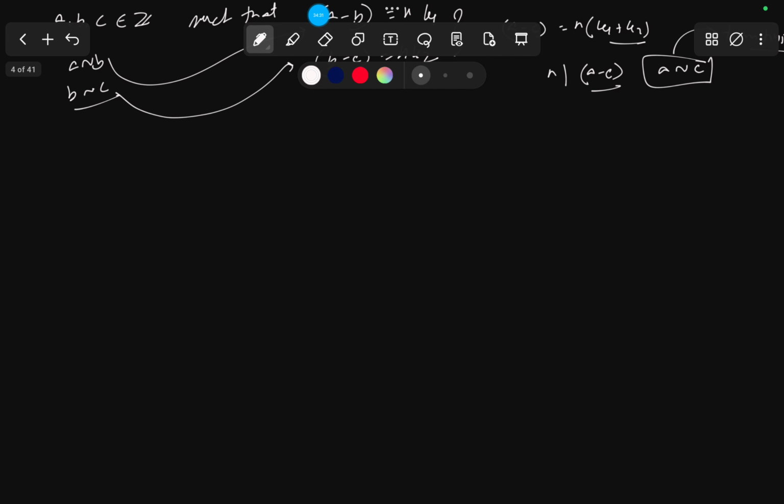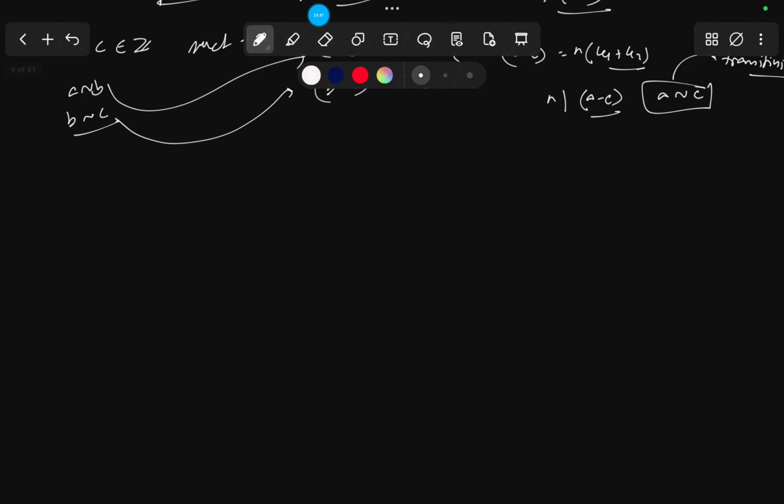Okay, so for our case, we got this to be an equivalence relation, right?